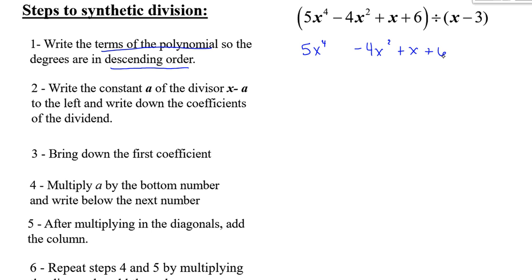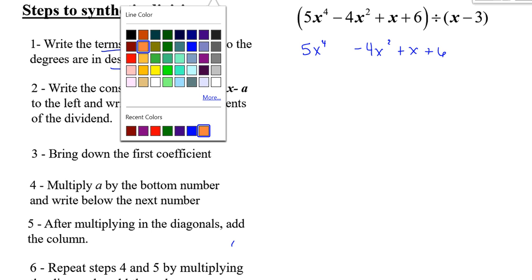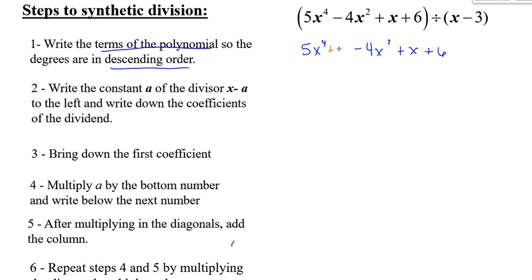That is descending order. But you have to make sure that you've got that missing term in there. So we're going to put plus 0x to the third. The other thing that you have to focus on is the constant a. If your divisor is x minus 3, then a is 3.